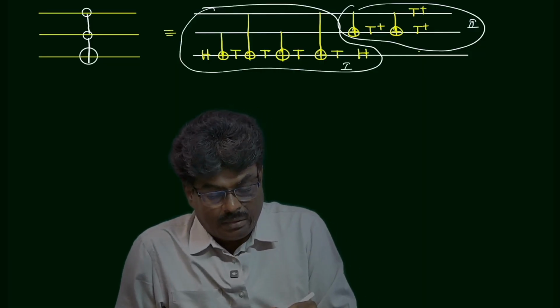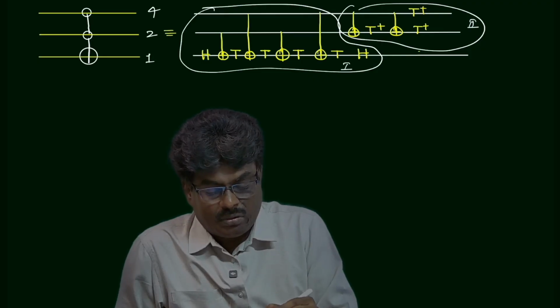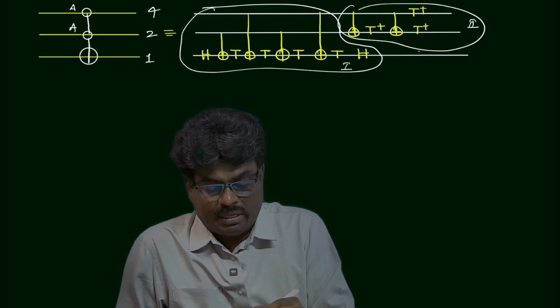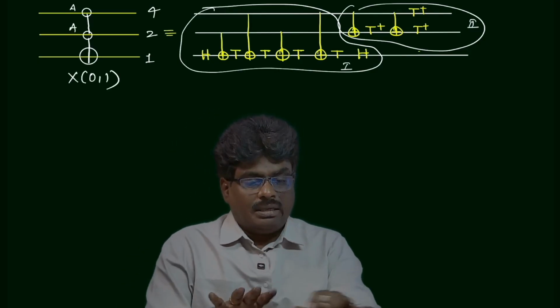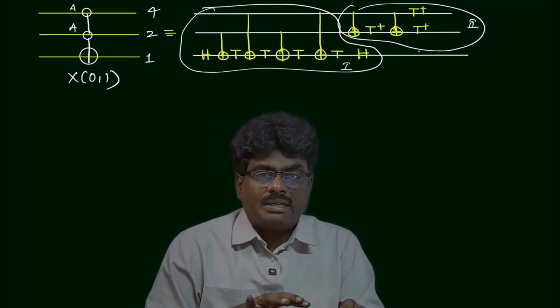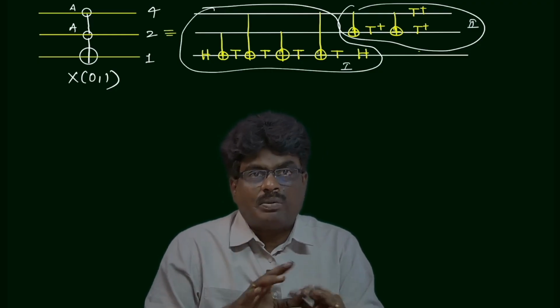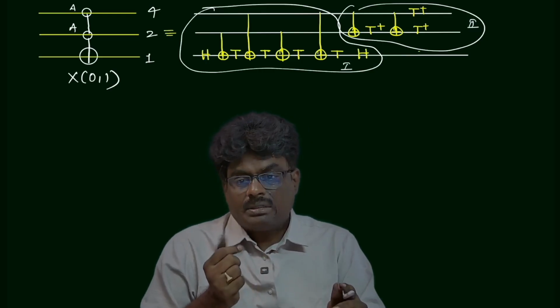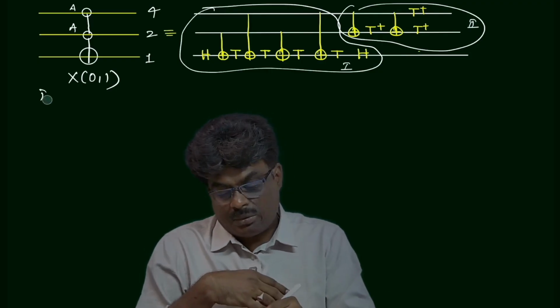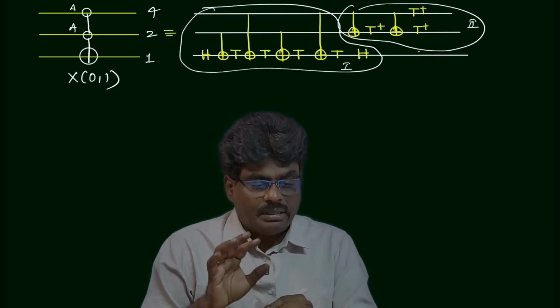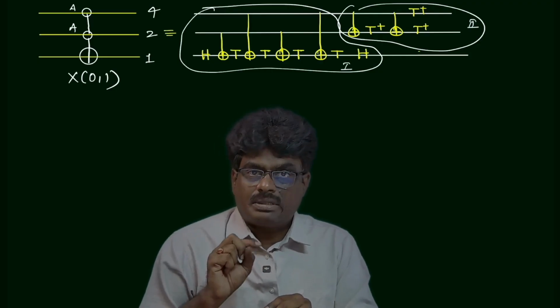And here we have this is 1 2 4, both are anti-control, that's why this is X of 0 comma 1. So finally once you simplify this right hand side circuit, you have to get finally 0 to 1, 1 to 0. So please do it, okay, and take separately the first circuit and second circuit and try to do it, and if you are not getting the answer, please contact.